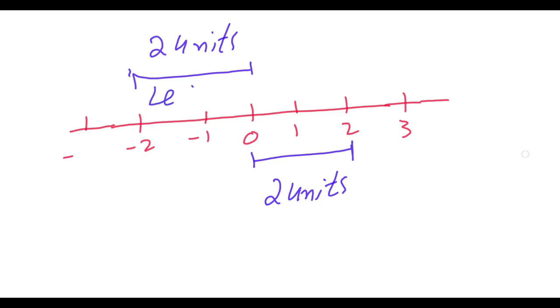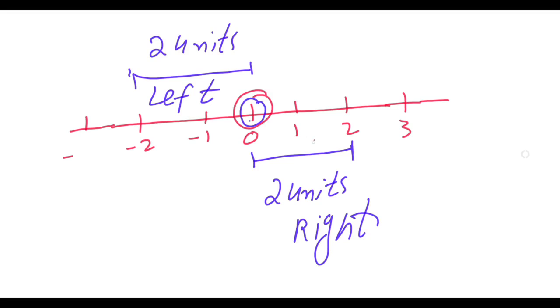This I move to the left-hand side, this I move to the right-hand side, right? So from 0, the distance to the right is 2 units, the distance to the left is 2 units. It means you move 2 units to the right, 2 units to the left.